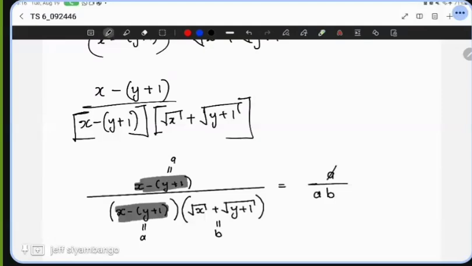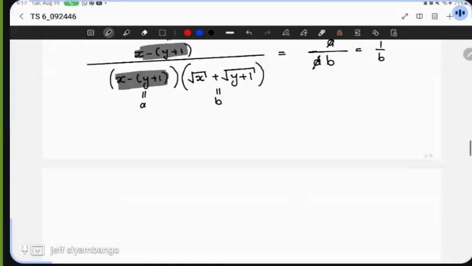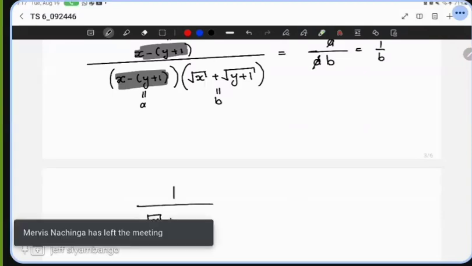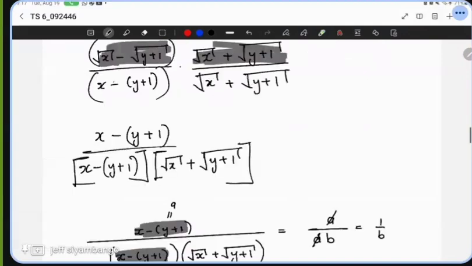A and A cancel. Only B remains. Do you agree there? Yes. So our expression actually only remains as 1 over root of x plus root of y plus 1. So the limit we're evaluating has reduced to just that.